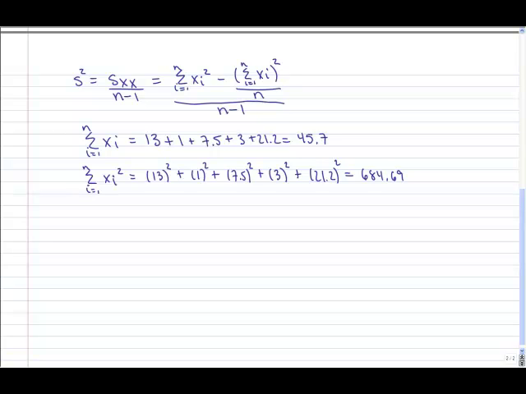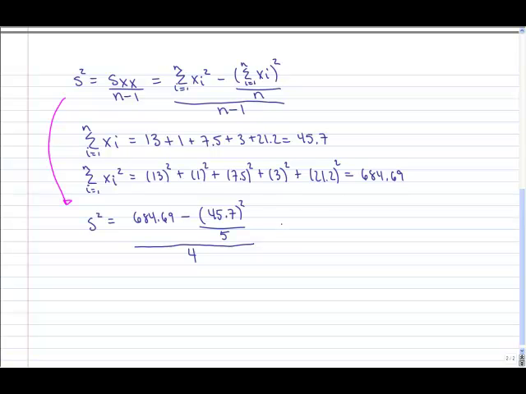So in order to use this formula here, all we would do is plug in the sum from i equals 1 to n of x sub i squared, which is this value right here, 684.69, minus that second sum, which is the 45.7, but we would need to square that value. We divide all of this by the sample size of 5, and we divide all of that by n minus 1, which is 4.